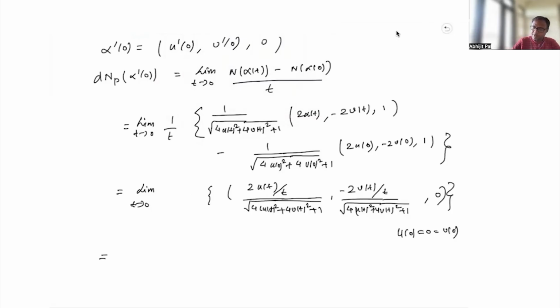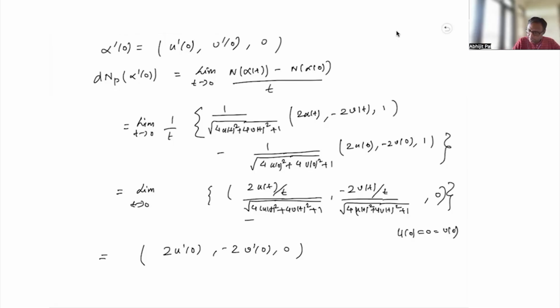Now if I take the limit t tends to 0, what you will get is twice u prime 0 minus twice v prime 0 comma 0. Again, I'm using this fact that u0 is equal to 0, v0 is equal to 0.